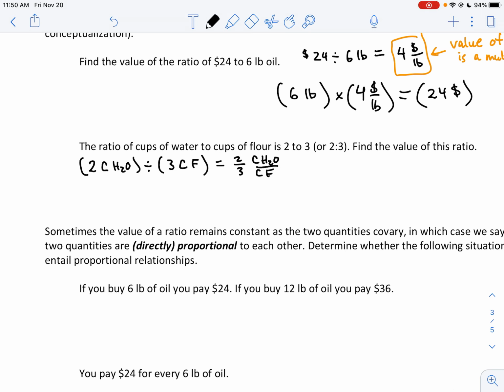In a multiplicative structure, it would look like this. We would have a multiplicand of 2/3 cups of water to cups of flour times the multiplier, which should have units of cups of flour, so it's 3 cups of flour, and then the product is in units of cups of water, and this gives us 2 cups of water.